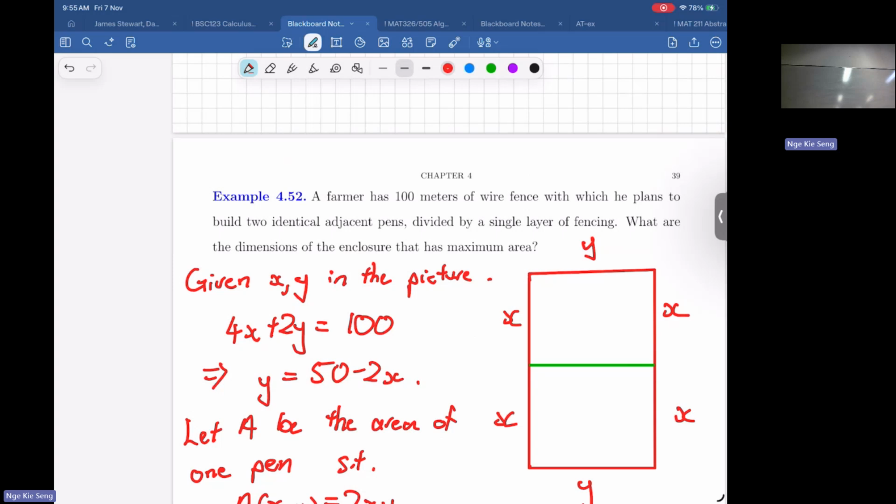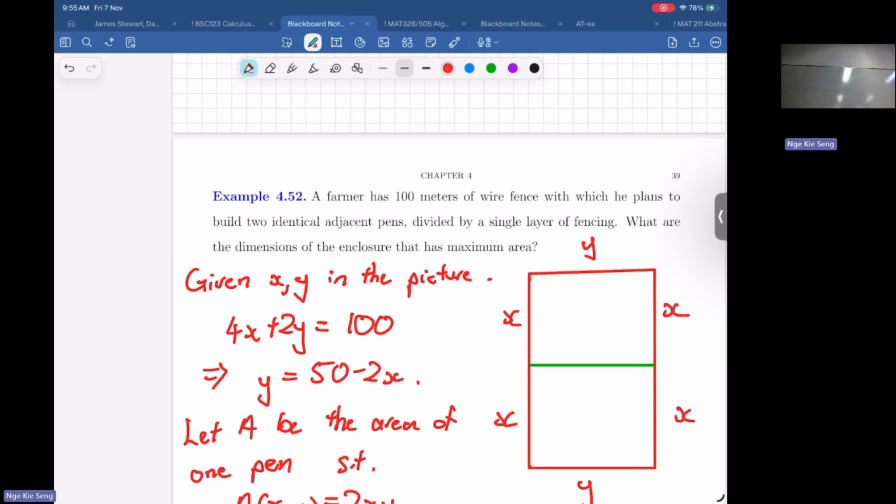Okay, so Gabriel says that maybe you can start by imagining two pens. But the question said that the middle layer here, you just use a single layer instead of a double layer.